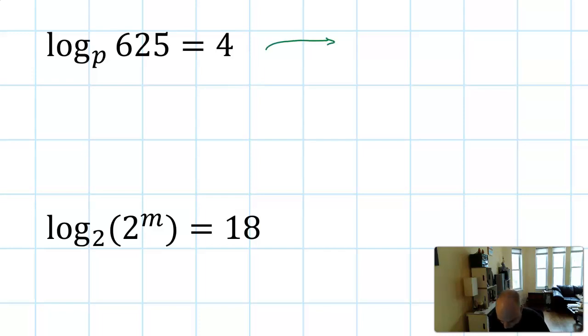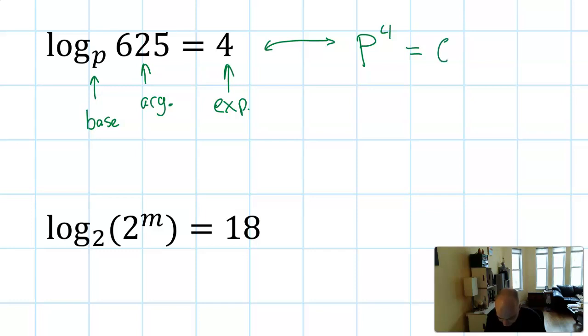Instead, what do you do? You translate it into exponent form. So this is the base. This is the argument. We'll just do arg. And then this is the logarithm, but we know that the logarithm is the exponent. So 4 is going to be the exponent, and this will translate into P to the 4 equals 625.